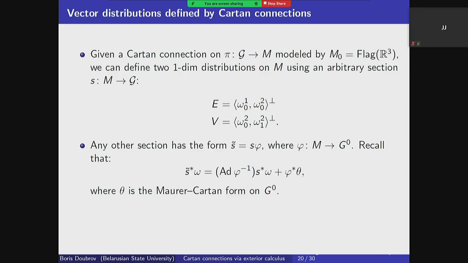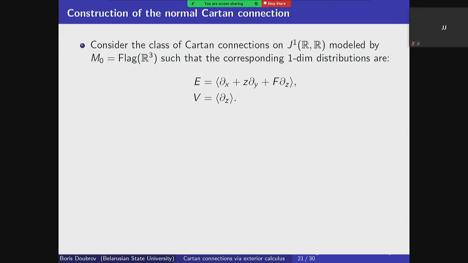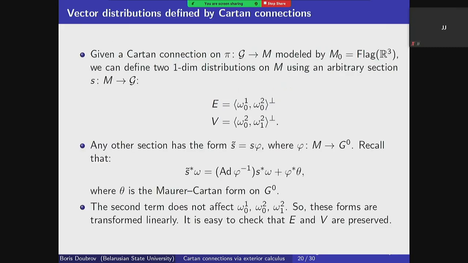That's probably the explanation for why these slots are transformed linearly: the second term does not affect ω^1_0, ω^2_0, ω^2_1, and these two spaces are preserved under gauge transformations. So E and V are preserved. To say it again, we'd like to have Cartan connections on a three-dimensional manifold which are naturally associated with a second order ODE, which means that those E and V defined by these forms and these forms are exactly the ones given by the second order ODE.